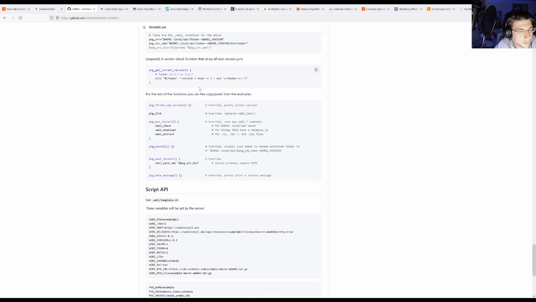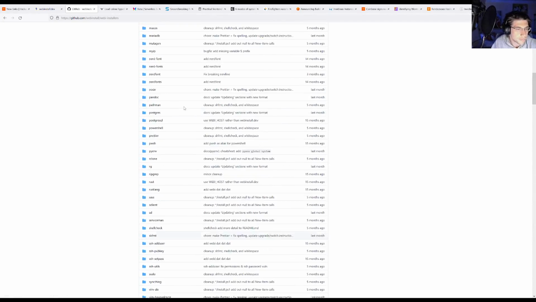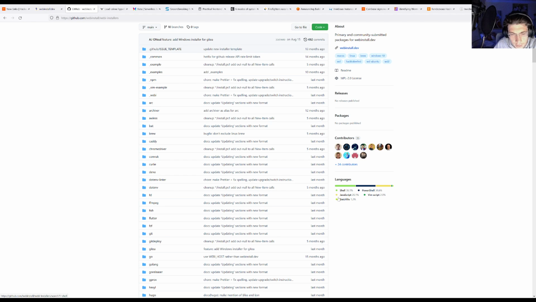Okay, yeah, this is how to launch it internally, but okay, it's a tool. It's a good tool. They have all the tools here. What's it written with? JavaScript and PowerShell and shell scripts.